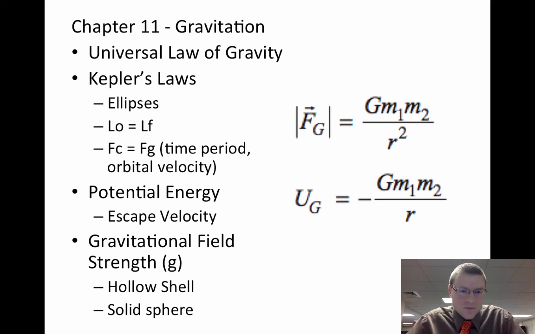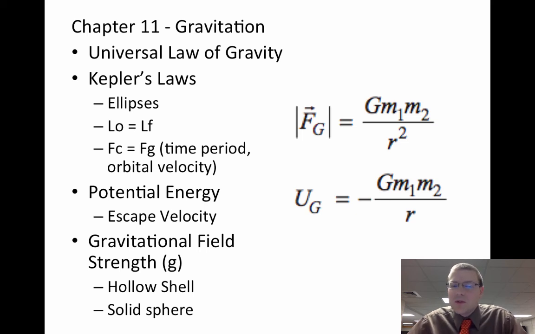Potential energy was a way that we could describe how much gravitational potential energy two objects have in space. Remember, we picked that zero point as very, very far away at infinity, and as you fall towards the planet, you increase the negative amount of gravitational potential energy an object has.